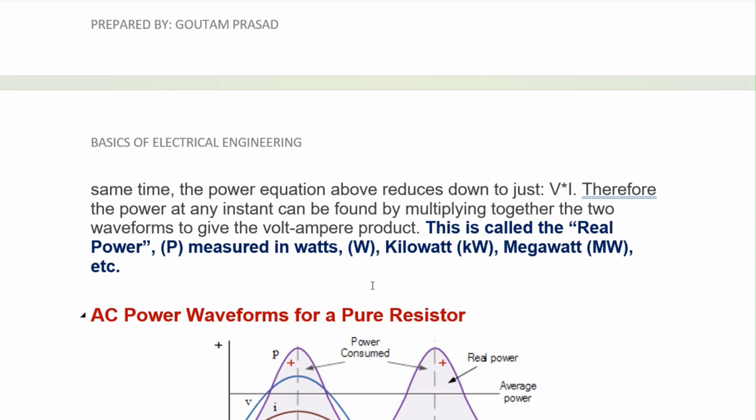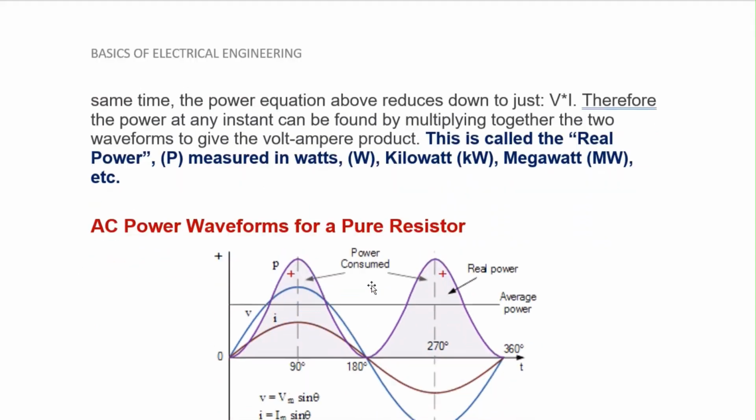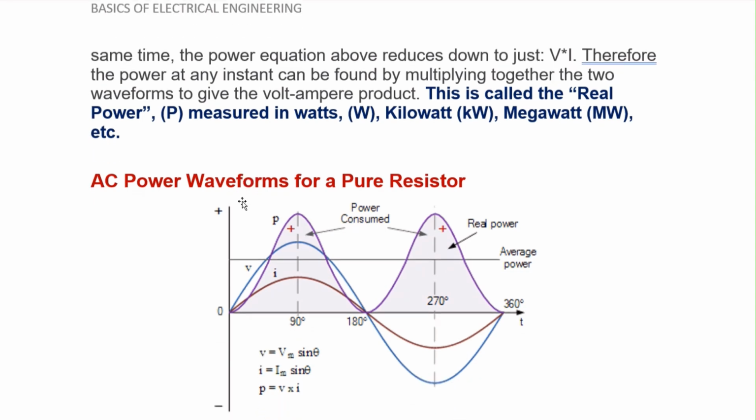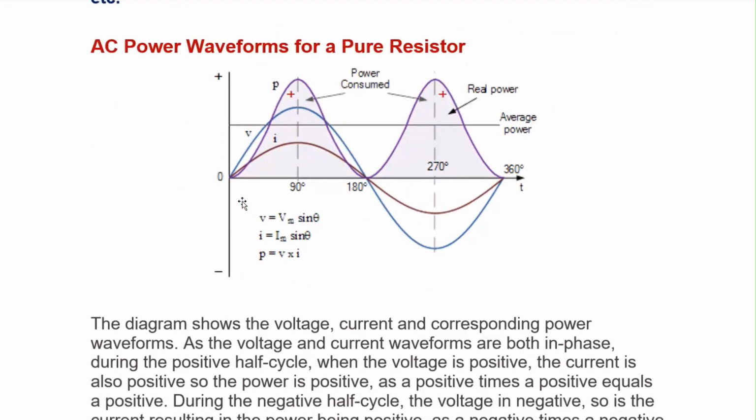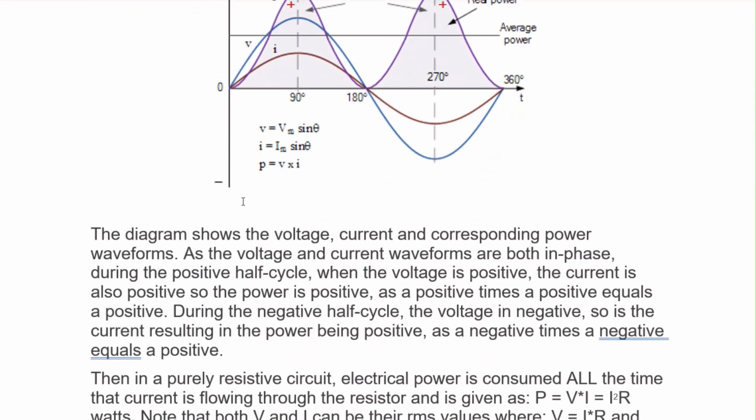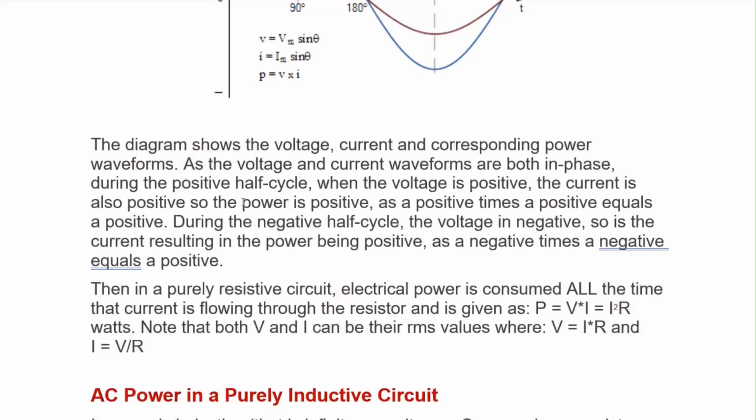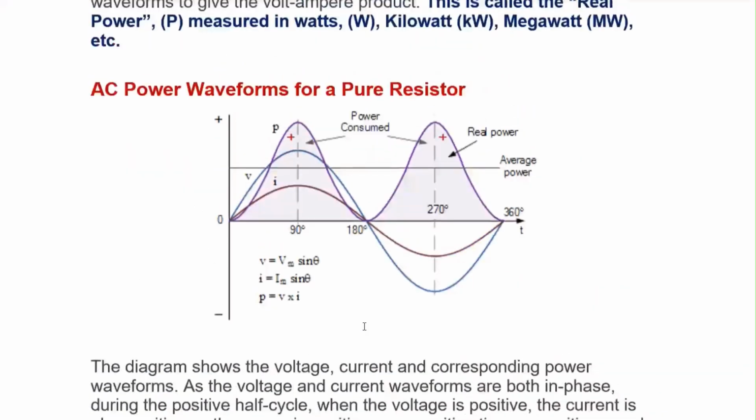So this is something called real power. You will be able to see the effect of this power in terms of heating, the temperature rise. This power is perceptible; you can understand that this power is leaving its effect.